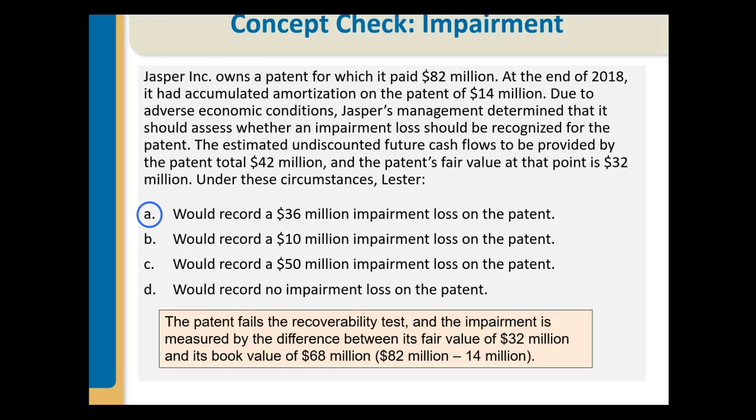The $68 million and the fair value of $32 million gives us the $36 million in an impairment loss.